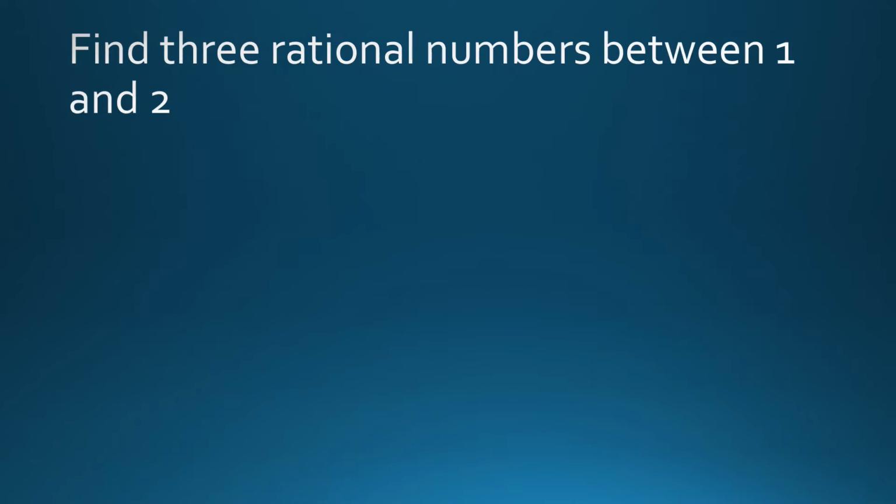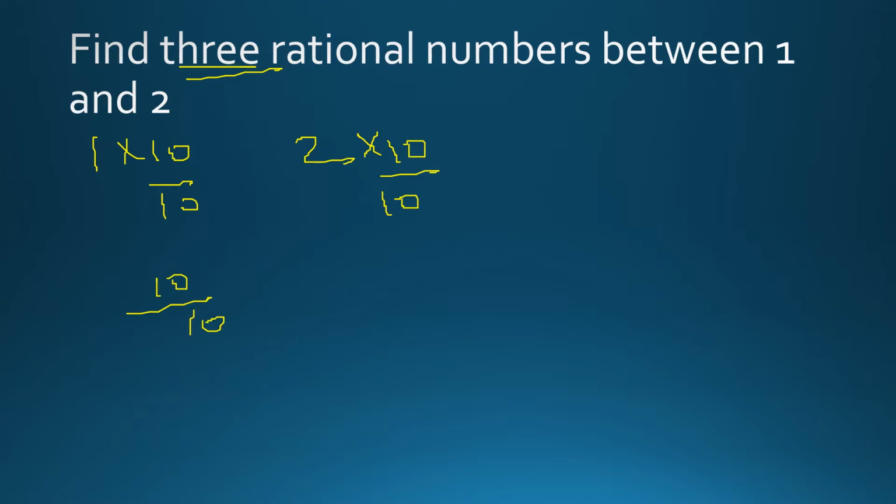Okay, this is easy peasy. You have to find three rational numbers. Now, always try to use the traditional method which you have been following since your previous class. That is, you have two numbers, 1 and 2. You have to find three rational numbers in between. Let's multiply with 10 by 10. And you will get 10 ones are 10 by 10, 2 times 10 is 20 by 10.